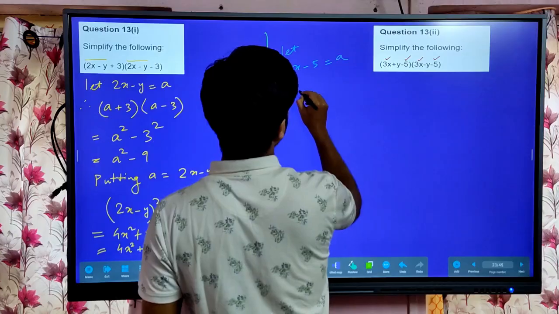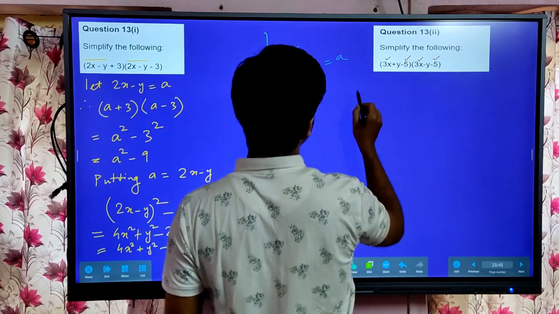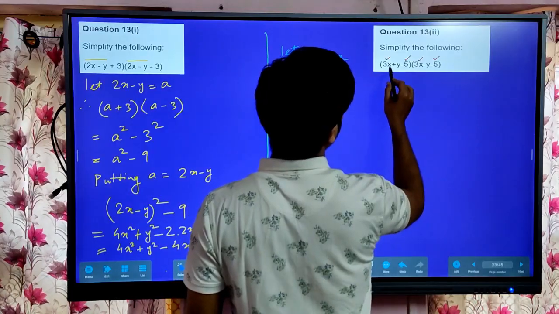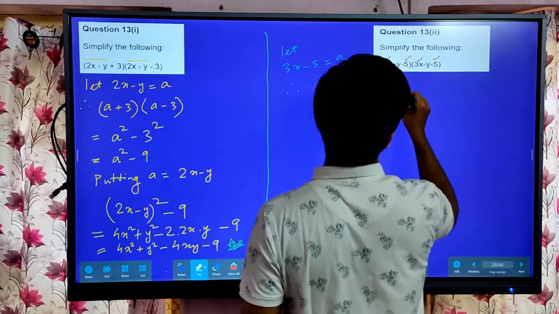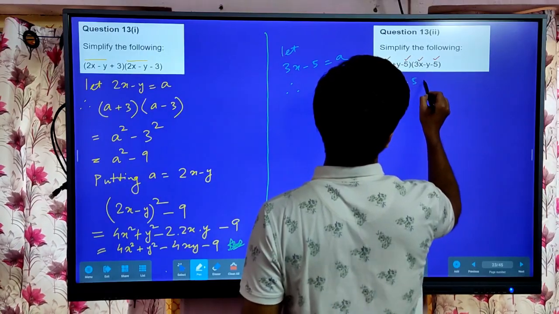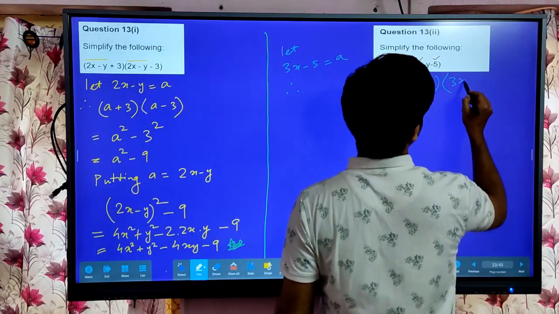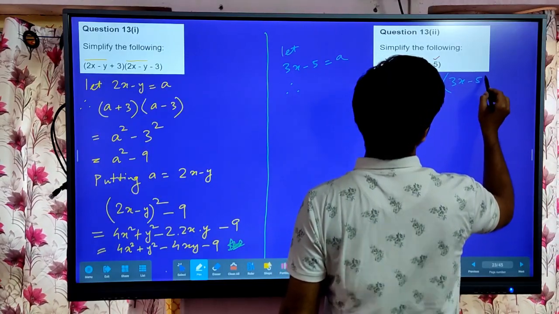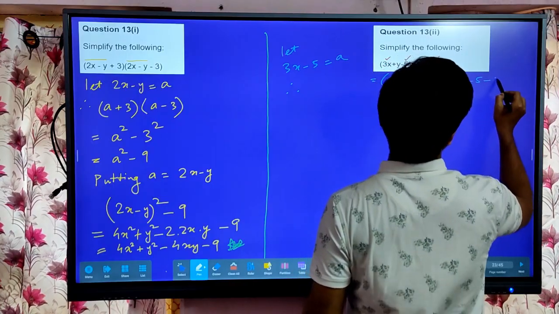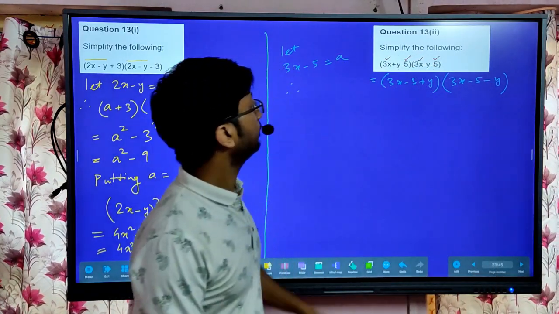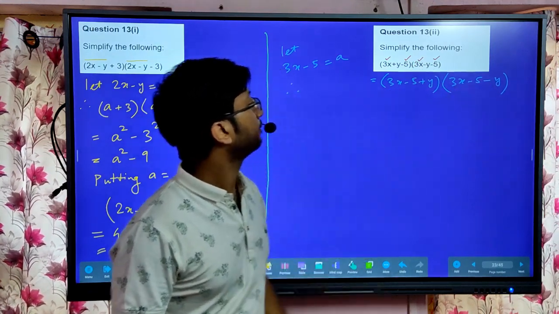Therefore the expression will become, first let me write it in the same manner, just beside each other. 3x minus 5 plus y, and here 3x minus 5 minus y. Isn't it? Please see, 3x minus 5 minus y.